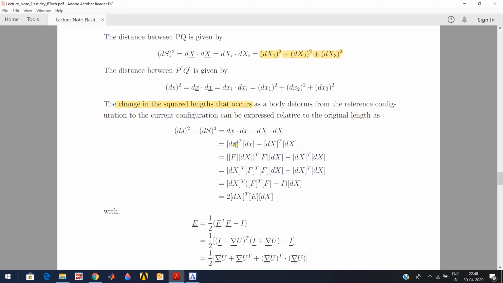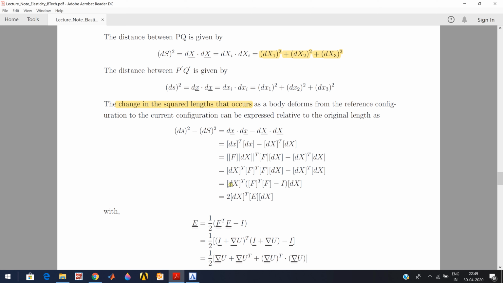Now in matrix form we know that this dot product is the transpose of the column vector times the column vector, so dx transpose dx, and we know that dx is F dX, so (F dX) transpose times F dX minus dX transpose dX, and the transpose of a product of two matrices is done in this way.